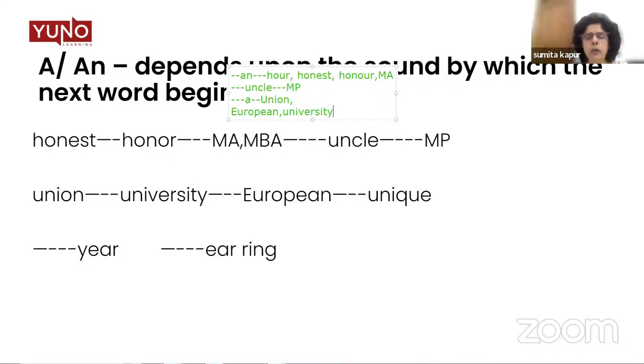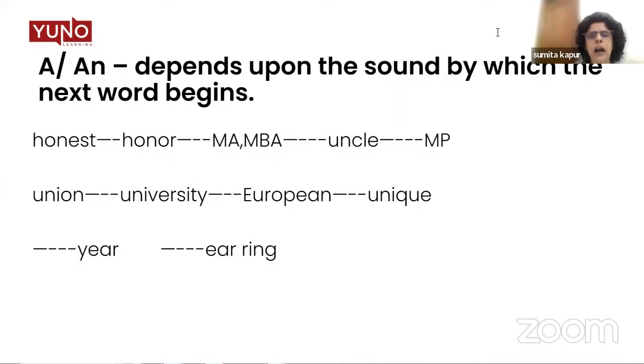Now I hope the screen is visible to all of you. You can see the slide. At the bottom, I have written two blanks for you. First one is YEAR. I will meet you after dash first year.